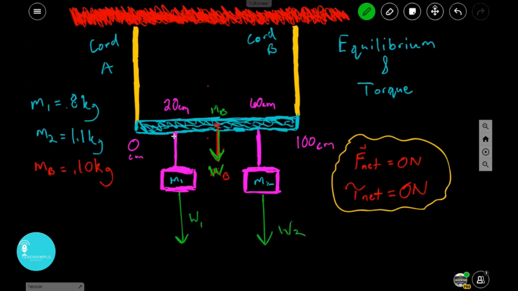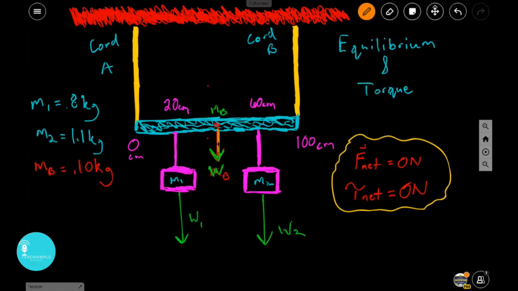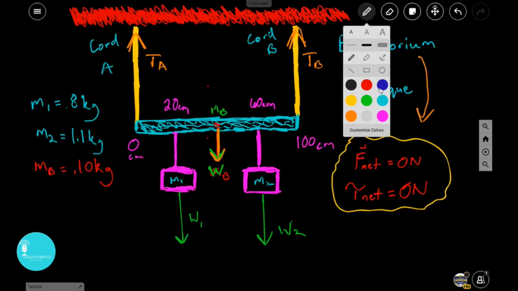Now, Newton's third law says every action has an equal and opposite reaction. So we know that this is in equilibrium because it's not moving, because despite having these three forces pointing downward, we also have these two tension forces up here, tension B and tension A, which thus creates the equilibrium where the linear net force is equal to zero, and the total net torque is equal to zero.